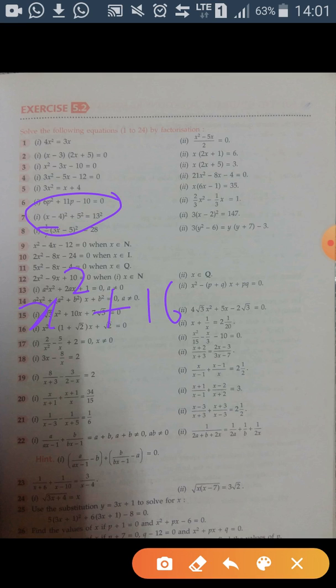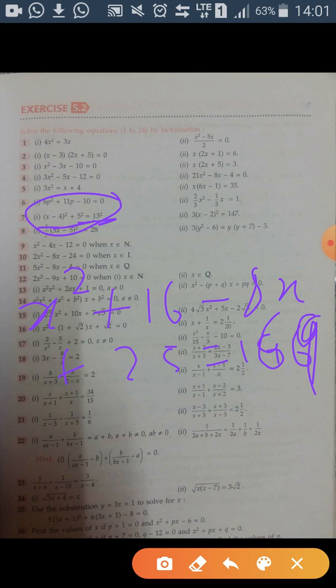Yes, minus 2ab means minus 2 into x into 4. 2 into x into 4 is what? 8x plus 5 square. This 5 square, which is that 25, is equal to 13 square, which is 169.